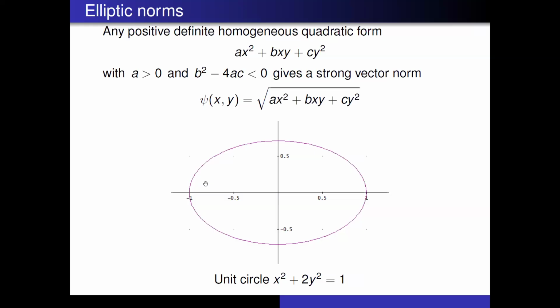We have elliptic norms, and elliptic norms are called elliptic because its circle is an ellipse. No surprise there, again, from Calculus 3 and analytic geometry. So here's one example. If you just take x squared plus 2y squared, then you get an ellipse like this.